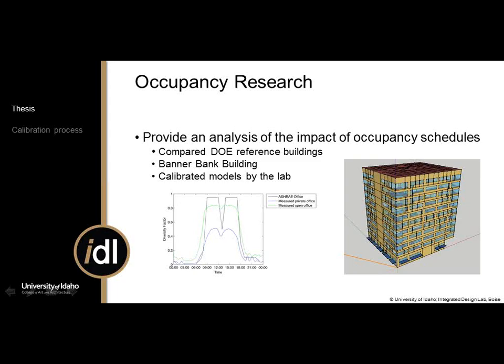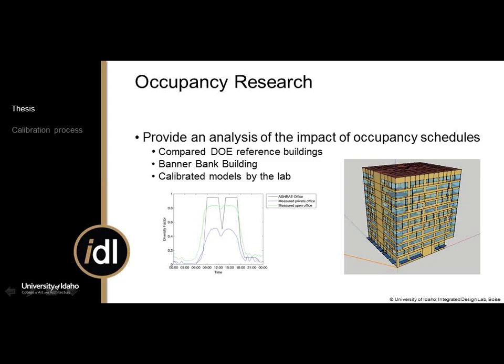So I did 3 reference buildings that are found on the DOE, the Department of Energy website. They have small, medium, and large office buildings. So I did the analysis for those 3. I'm still working on the Banner Bank results, and I've already done the schedule switch out on the calibrated models done by the lab.